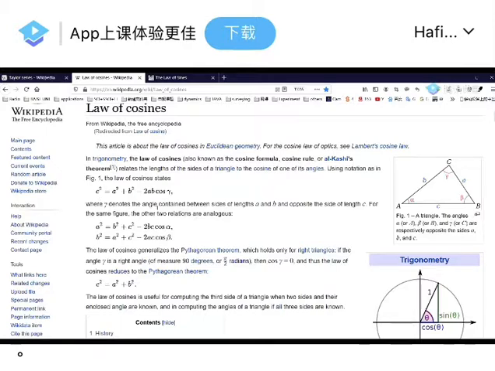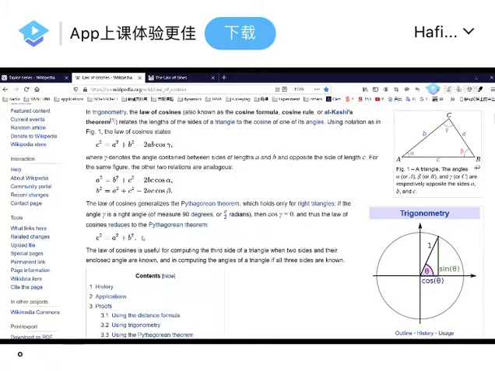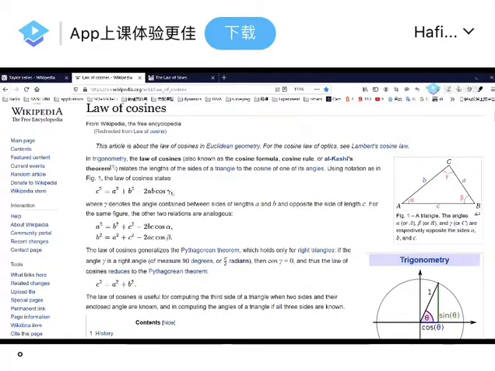So these are the cosine laws. In the particular case of the Pythagorean theorem, suppose one of the angles is 90 degrees, then everything will collapse, because the included angle will be 90 degrees. It means cosine will be 0, so it will collapse to the square of one side.